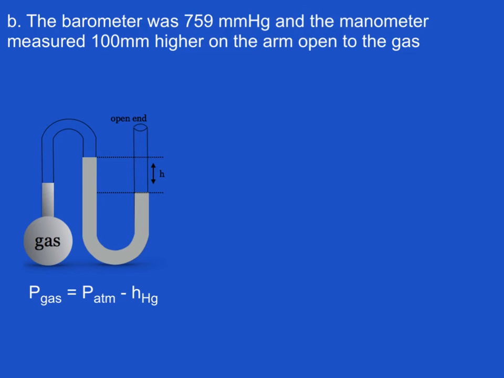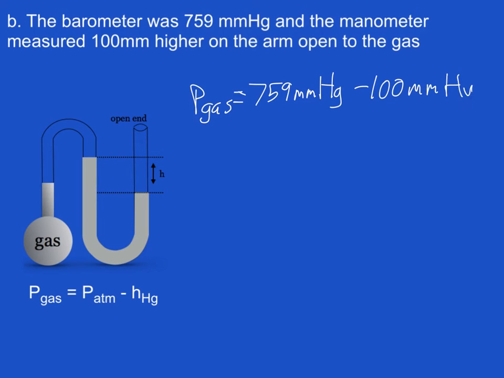So in this case, we are starting with the equation where we have to find the pressure of the gas. It's going to be equal to 759 millimeters of mercury, and from there we subtract 100 millimeters of mercury.